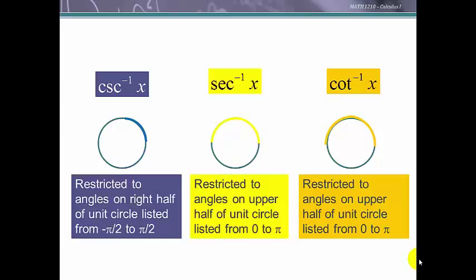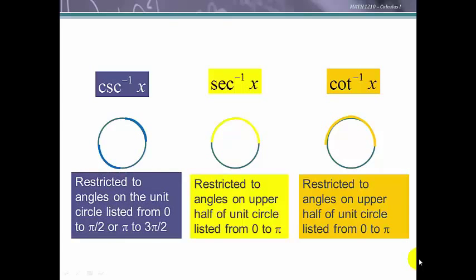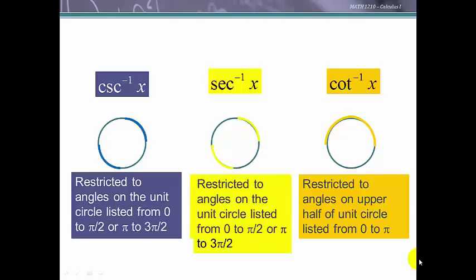For inverse cosecant, we are going to restrict the range, the angles, from 0 to pi halves, and that would cover the positives, and then from pi to 3 pi halves, and that would cover the negatives. On inverse secant, we're going to do the same restriction. The range will be restricted from 0 to pi halves, that would cover the positives, and from pi to 3 pi halves, that would cover the negatives. For inverse cotangent, our restriction is going to be the same as we saw in trig, from 0 to pi.